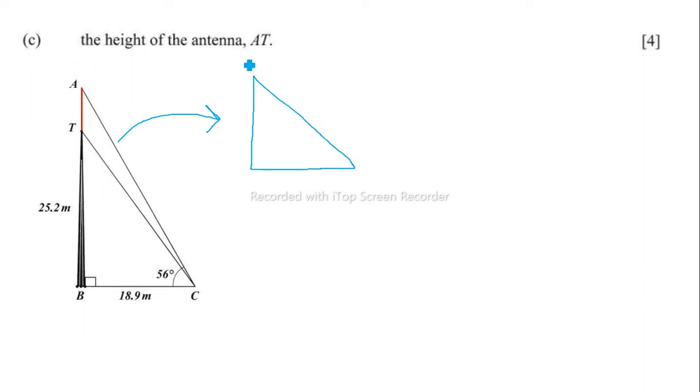So it's going to be A, B, C. The angle is 56, and this side is 18.9.